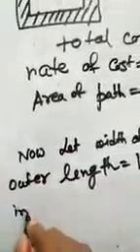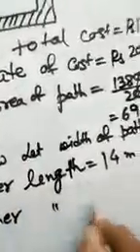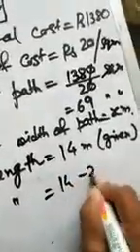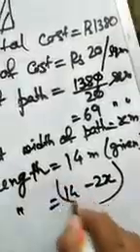So we can write the outer length. Outer length is equal to 14 meter given. Now inner length. Inner length is equal to 14 minus 2x meter given.